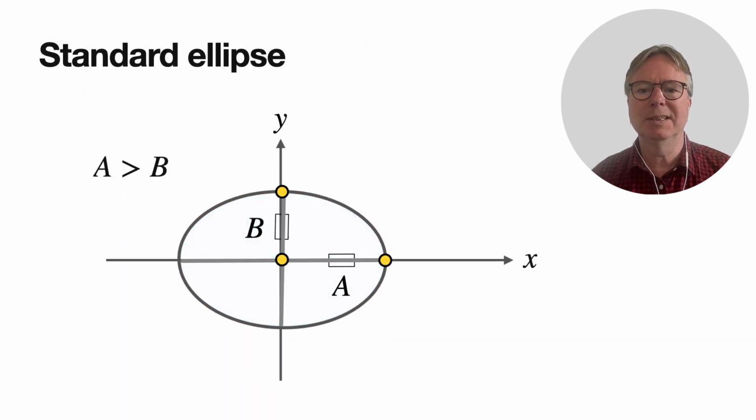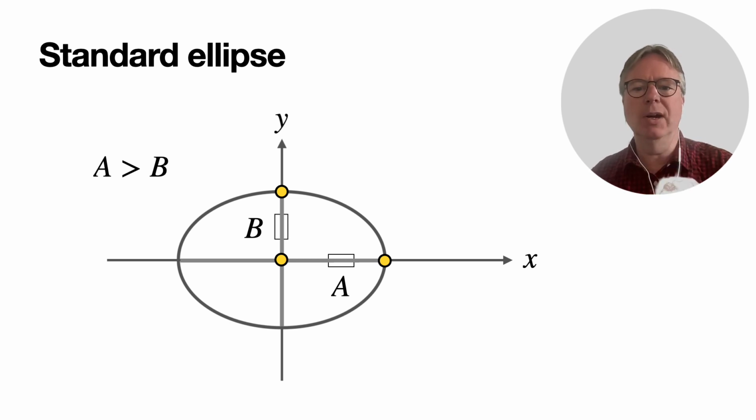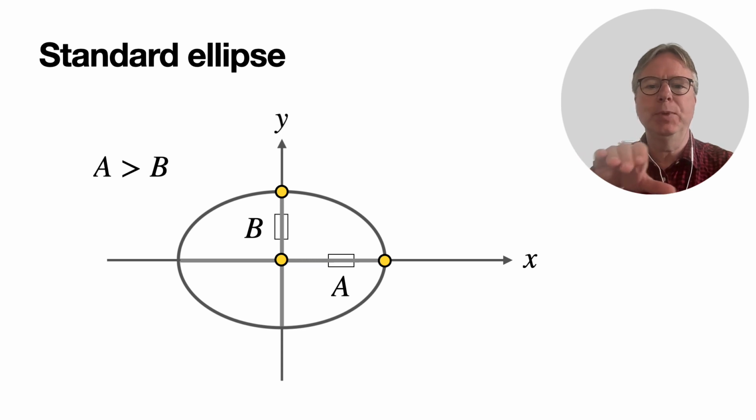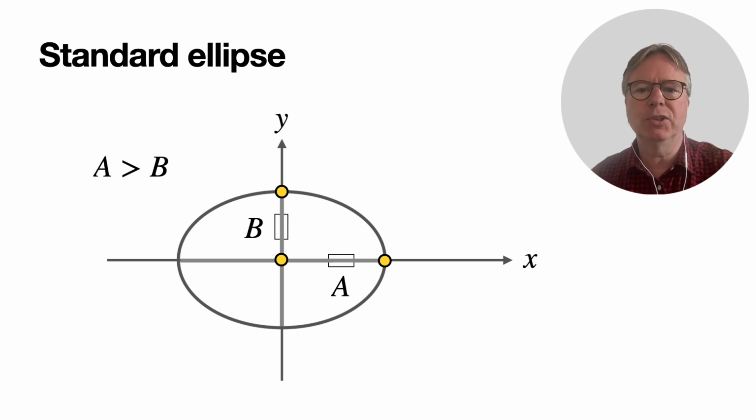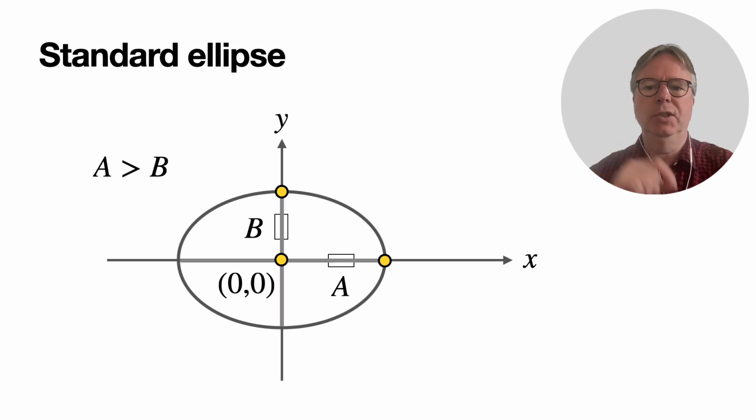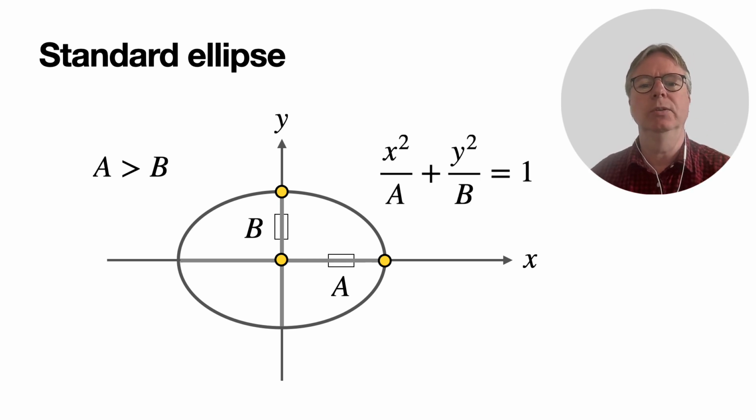It's simple, but it's not trivial, as we will see. So let's go to a familiar XY coordinate system and put our ellipse with the major axes aligned with the coordinate axes. A is always bigger than B. For a standard ellipse with center at 0, 0, this is the equation: x squared over quadrance A plus y squared over quadrance B is equal to 1.